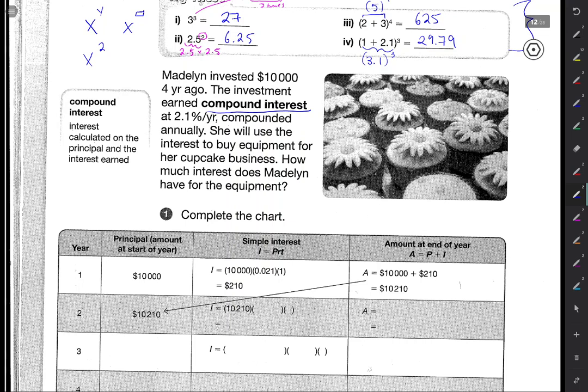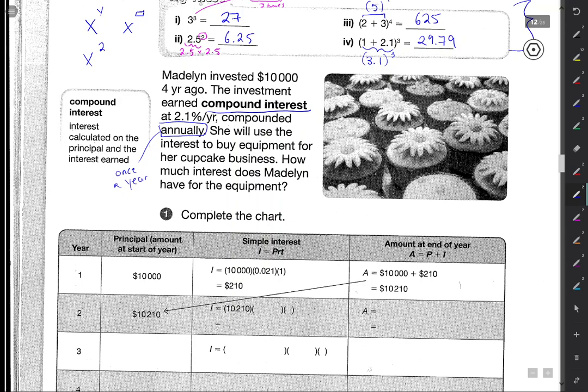The difference between compound interest and simple interest is that with simple interest, we only applied the interest to that initial amount. However, with compound interest, we're going to be finding the interest multiple times. This word compound, I like to think of it like collected. If they're collecting this interest annually, as it says up here, that means they're going to collect interest once a year, kind of like an anniversary.